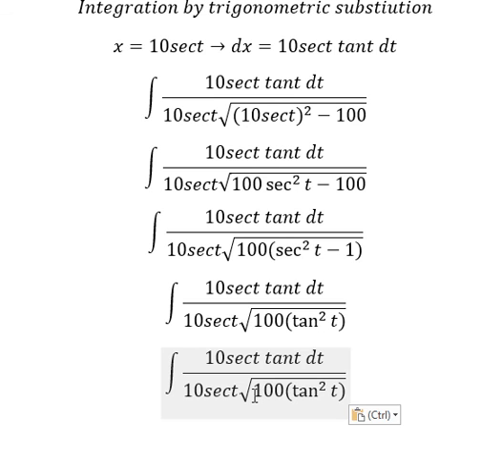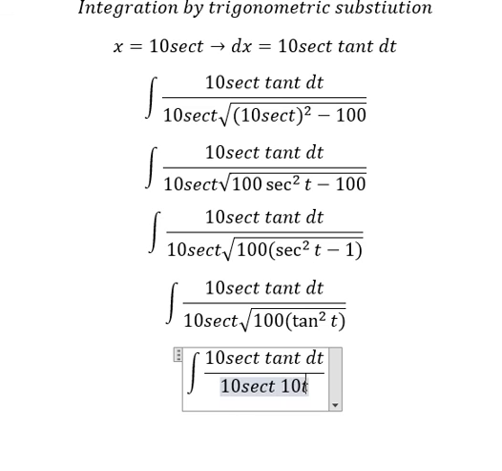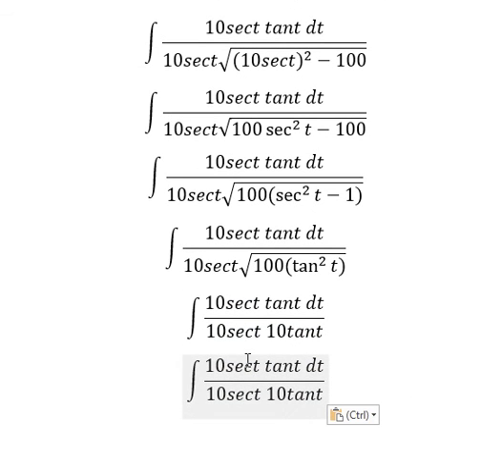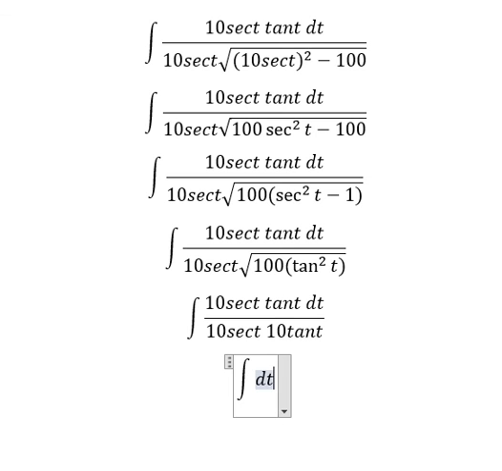The square root of 100 tan t squared, you get 10 tan t. So we simplify 10 secant of t tan t, and now we just get dt over 10.